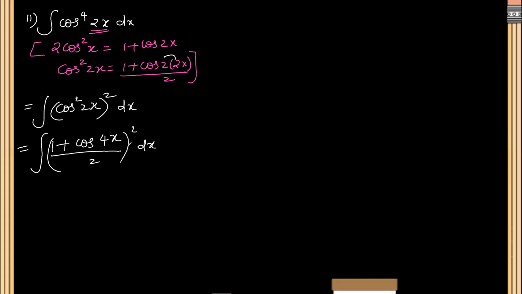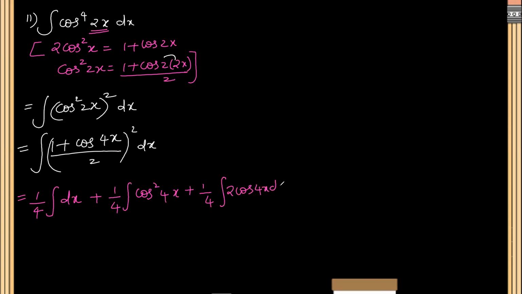We can take this 1 by 2 square out as it is a constant, and make use of the (a plus b) the whole square algebraic identity. So 1 by 4 into integral a square, that is 1 into dx is dx. I'm splitting as 3 integrals directly, plus 1 by 4 b square, that is cos^2 4x, plus 1 by 4 2ab, that is 2 cos 4x dx.